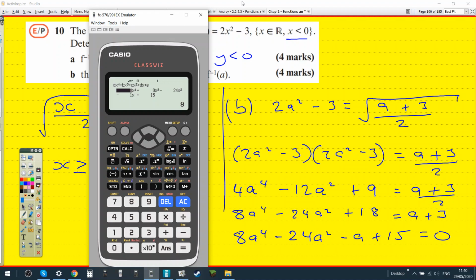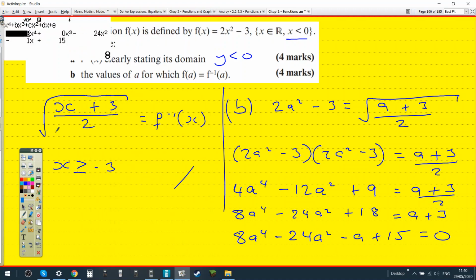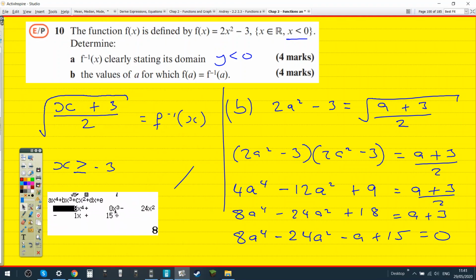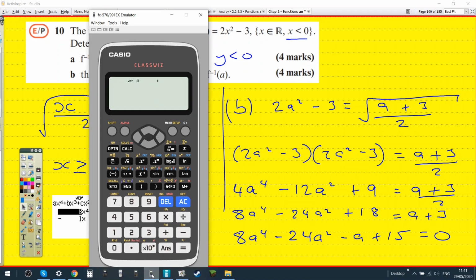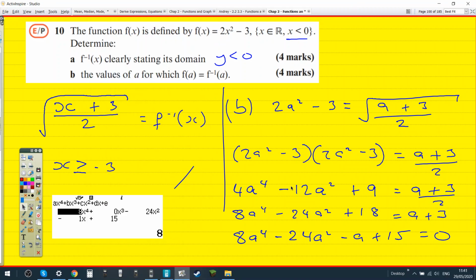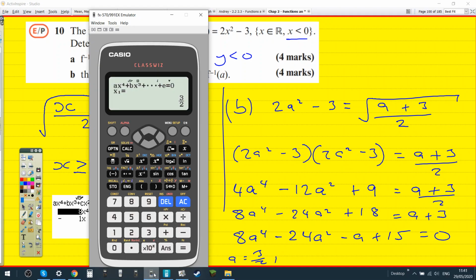Okay, and so what are the answers for that one? So, a is 3 over 2. 3 over 2, yeah. And my second answer's a bit long. Is it imaginary or is it a real number? Oh, it's real.